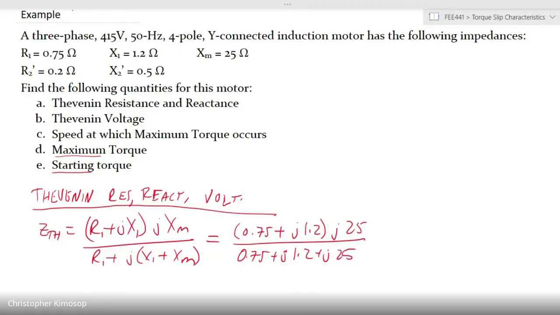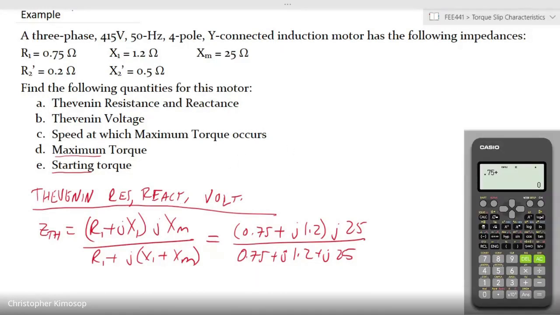Okay, let's calculate that. So we have 0.75 plus 1.2j times 25.